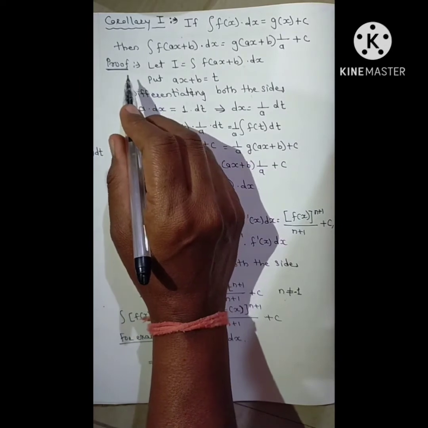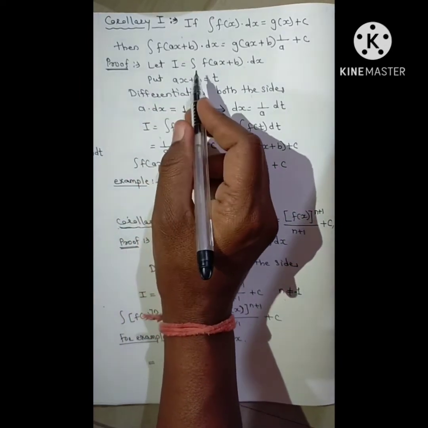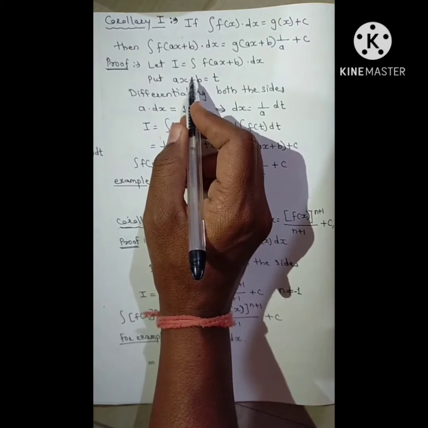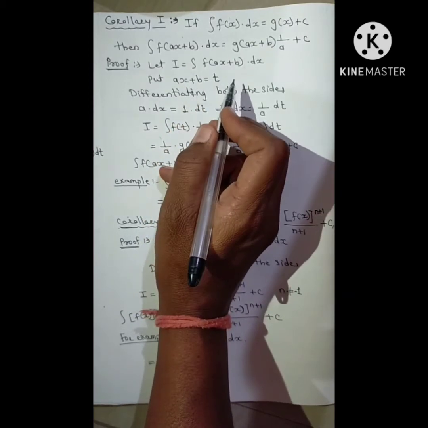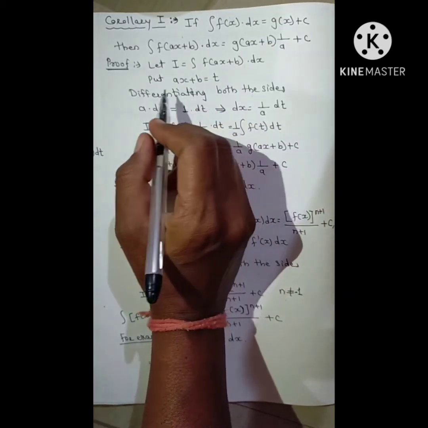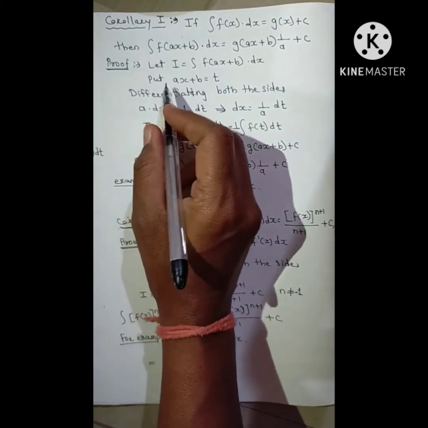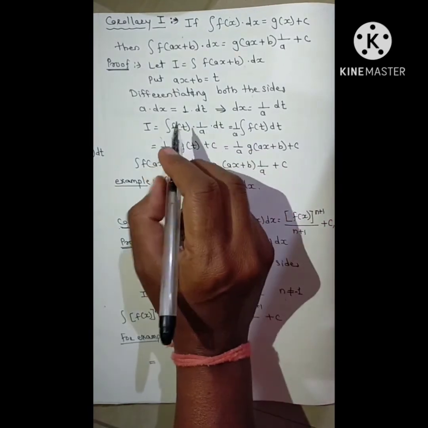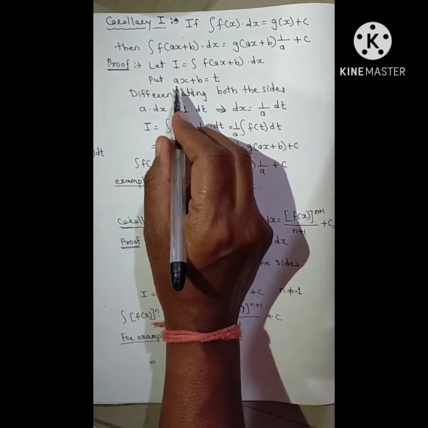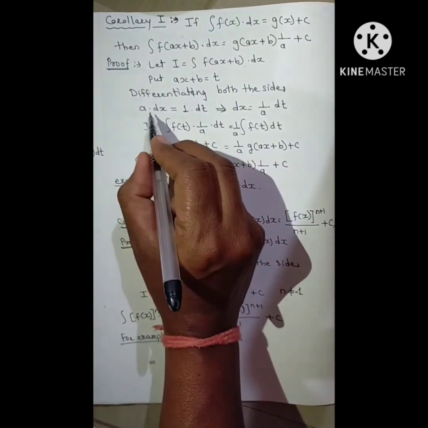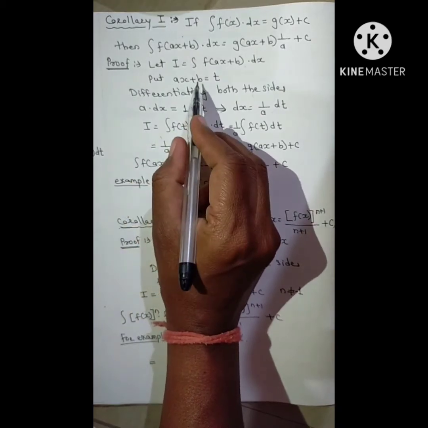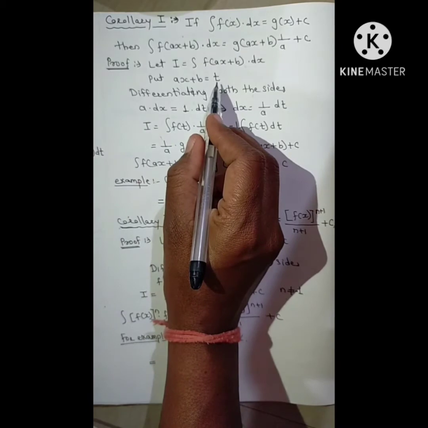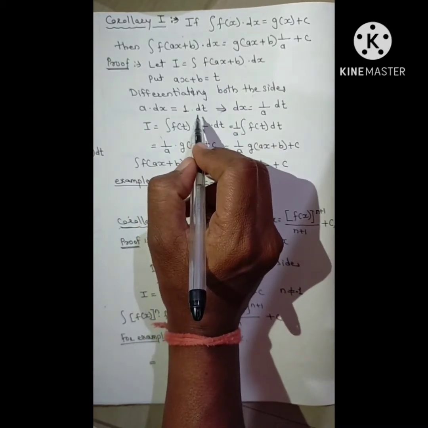Now let's prove it. Let I be equal to integration f of ax plus b into dx. Now put ax plus b equal to t. Differentiating both sides, the derivative of ax is a into dx, the derivative of b is 0, and the derivative of t is 1 into dt.